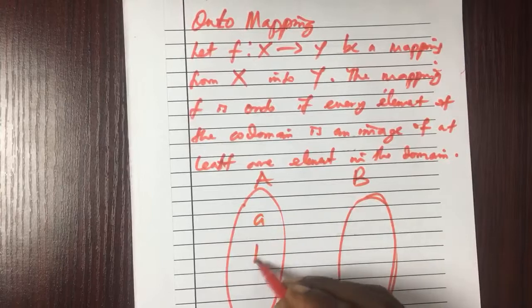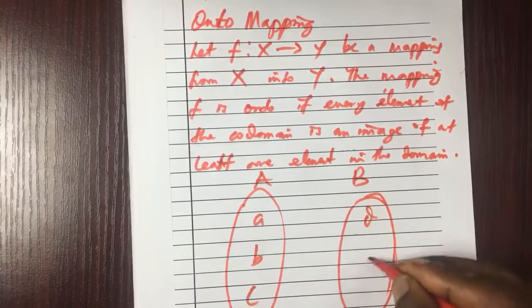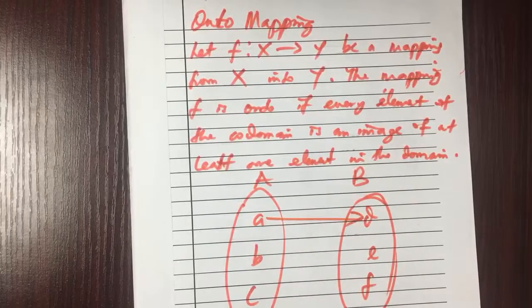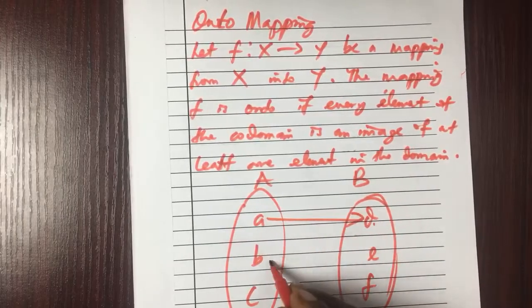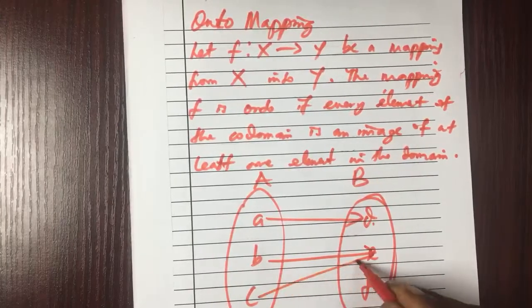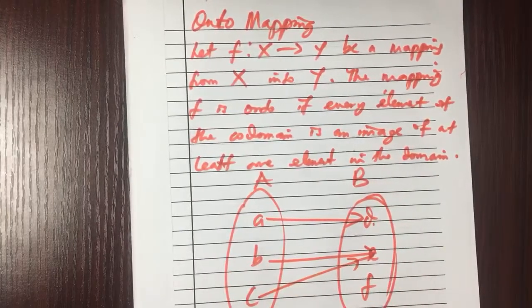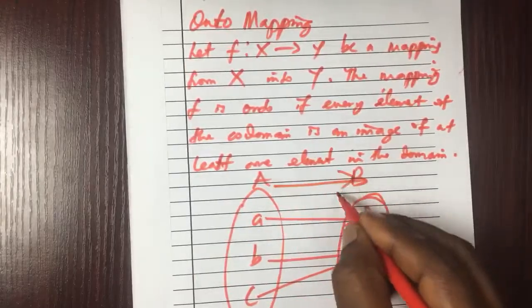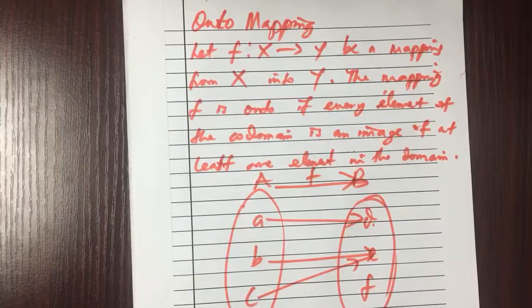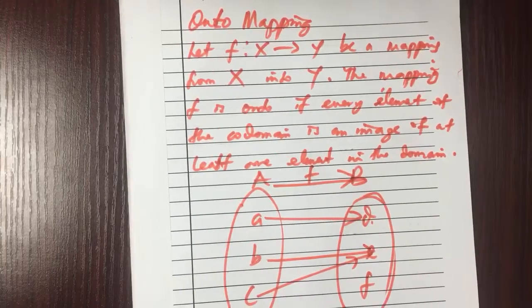If I have A, B, and C, and here D, E, and F, such that D is assigned to A, E is assigned to B, and the same E is assigned to C, this is a mapping, but it is not onto.